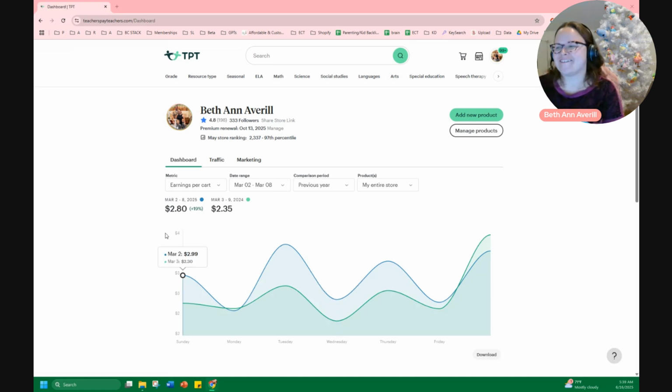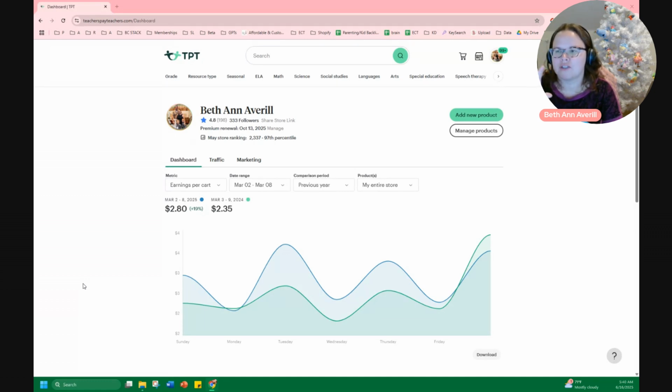All right. So first, I want to talk about earnings per cart. How much you make every time someone adds your product to their cart. So you can see which products bring higher cart values. You can do this for any day or week. What I like to do with this information is see where I need to bump up the numbers, not the product count. I have a certain amount of products in my store, and that's fine.